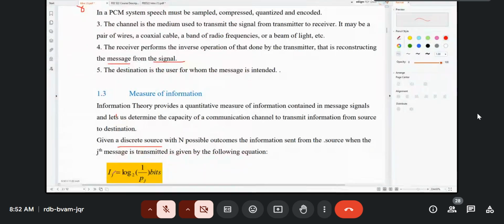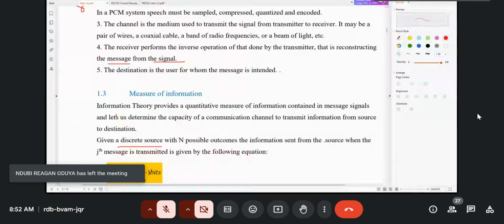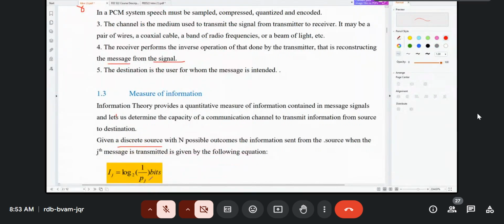The information carried by that particular symbol is equal to log2 of 1 over pj, where pj is the probability of that message being the message which has been carried.